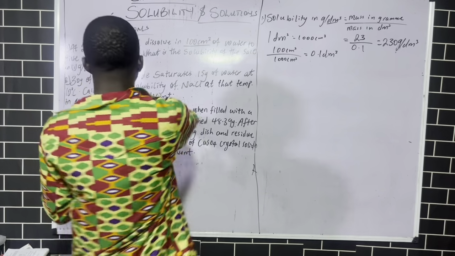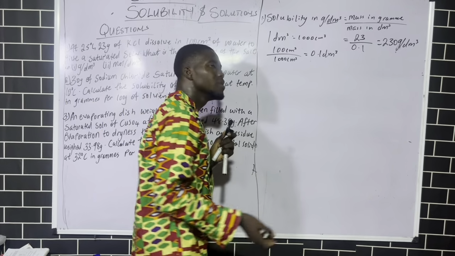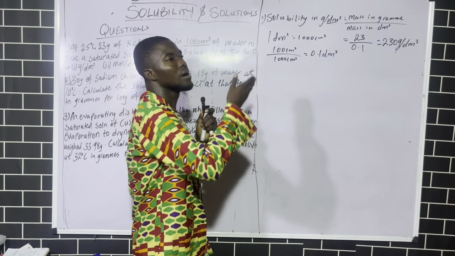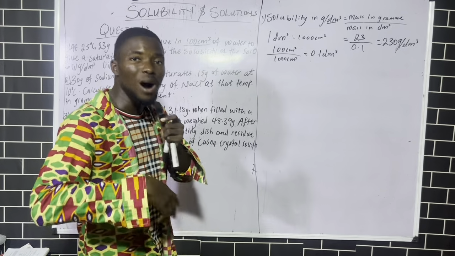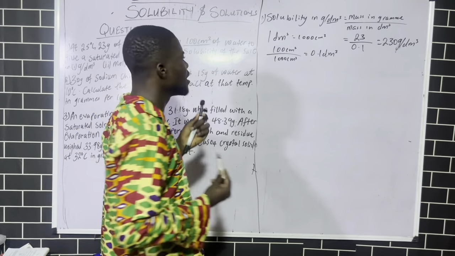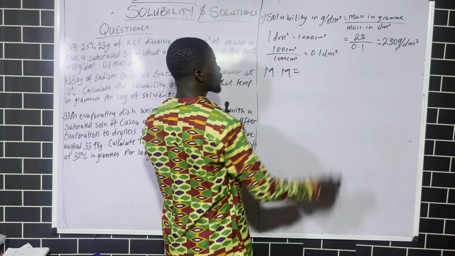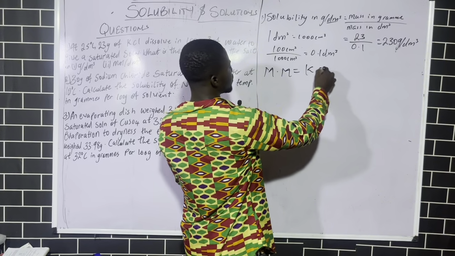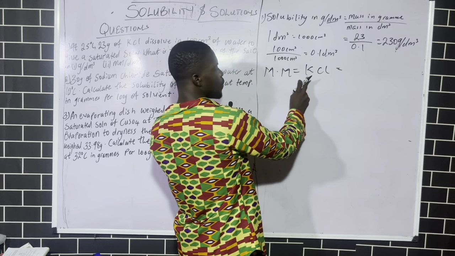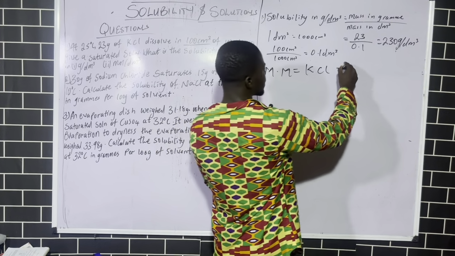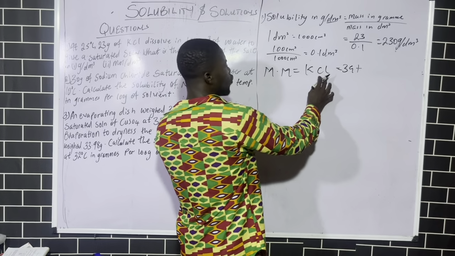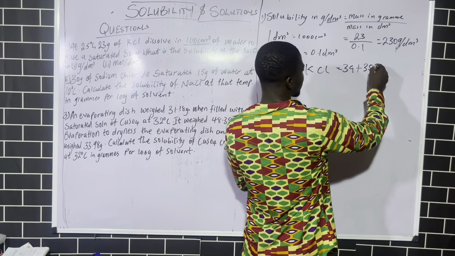So the second one is finding solubility in mole per dm cube. Solubility in mole per dm cube is simply solubility in gram per dm cube over molar mass. We have KCl there, so find the molar mass of KCl. You know how to do that, right? The mass of potassium is 39 plus the mass of chlorine is 35.5.